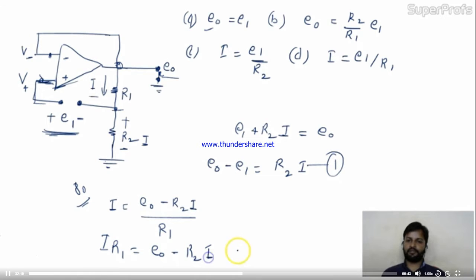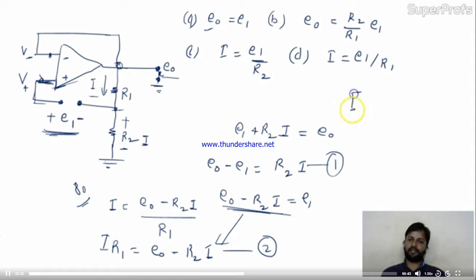Two equations you have, this is equation number 2. Now if you take E1 to this side and R2I to this side, E0 minus R2I will be equal to E1. Now you can replace this over here. So you are getting IR1 equals E1. So your answer is I equals E1 by R1.